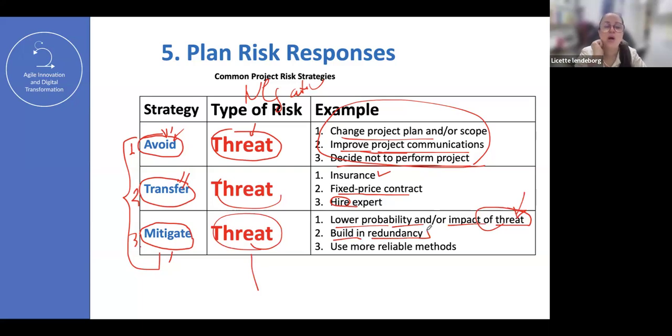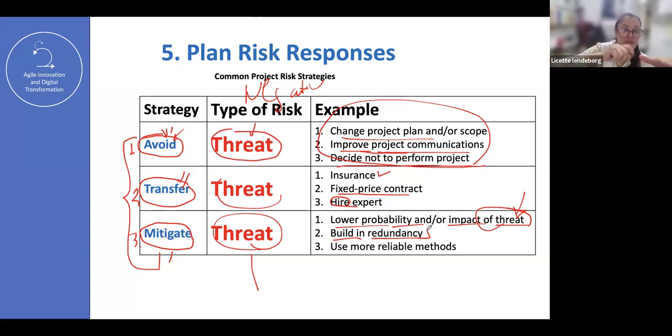You can build redundancy. What is that? Redundancy is when you have, for example, in infrastructure and technologies, a couple of servers or computers doing something similar in the system. So when you build redundancy, you put in two servers doing the same work at the same time.